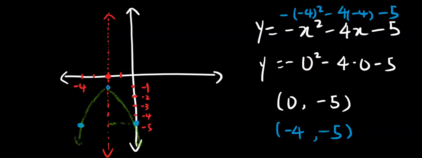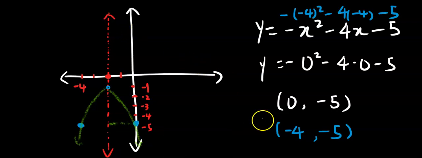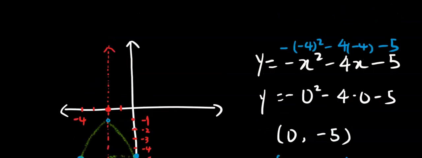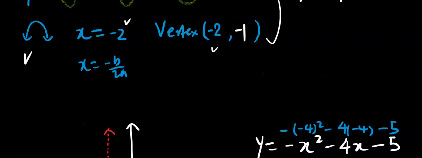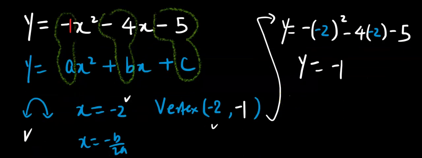Okay, all right. Let's give it a quick review here. When you graph a quadratic function in standard form, thing 1, you're going to determine whether the graph is going to open upwards or open downwards. Thing 2, you're going to find the axis of symmetry.